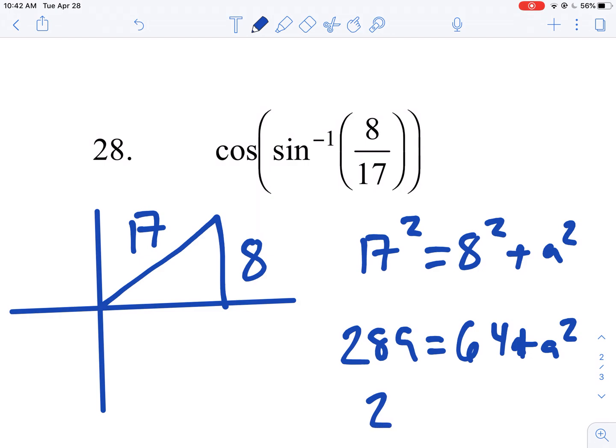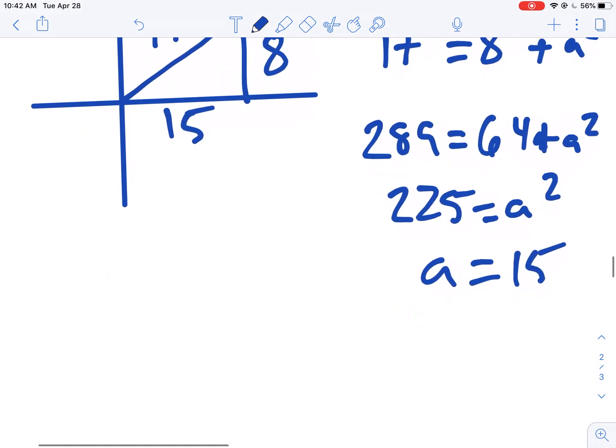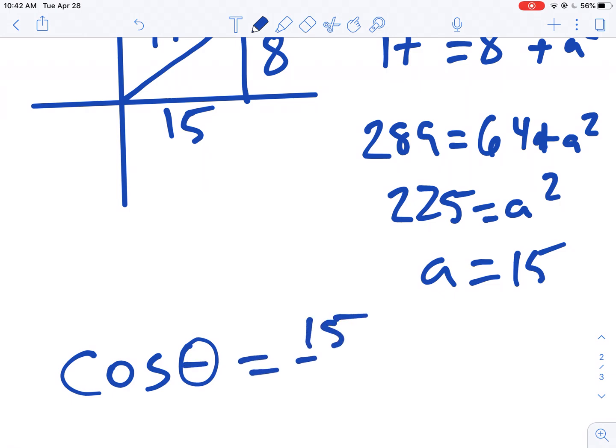So we've got 225 is equal to a squared. That means my adjacent side is equal to 15. And then the cosine of this theta is just equal to 15 over 17.